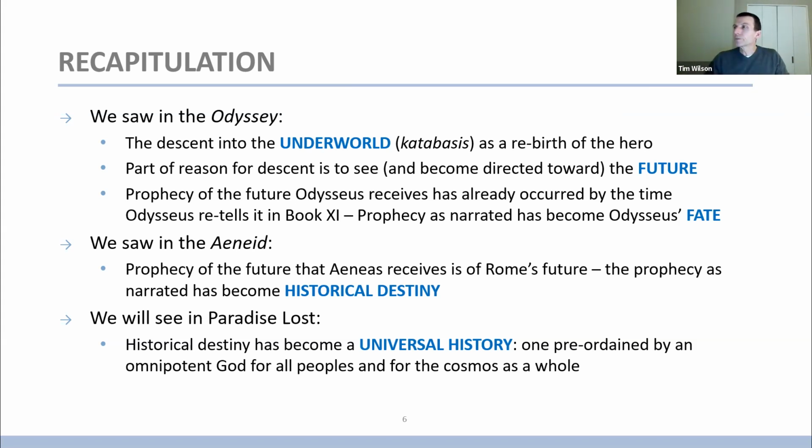But it's also, to some extent, an encounter psychologically. So Odysseus is in some ways prepared for the future. Same with Aeneas, it prepares him and recommits him to a futural founding destiny of Rome.